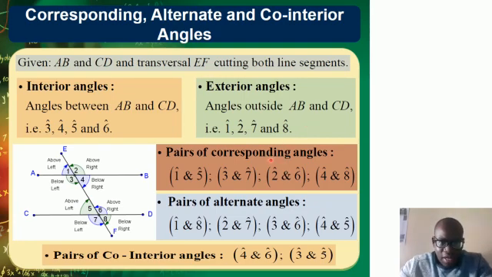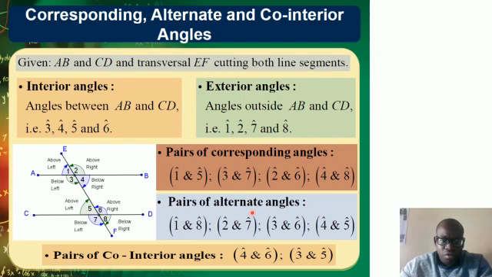Remember, corresponding angles are angles that form an F, alternate angles a Z, and co-interior angles a C. So 1 and 5, 3 and 7, 2 and 6, and lastly 4 and 8 are pairs of corresponding angles, as you can see here.